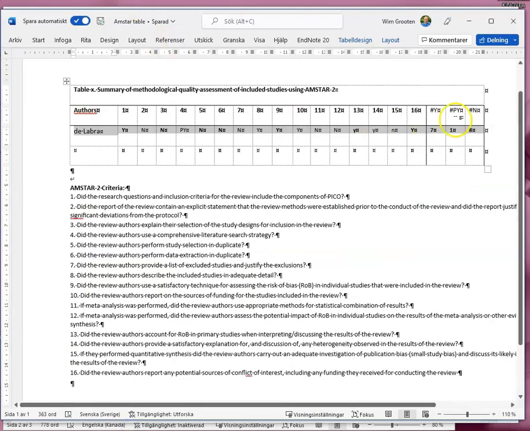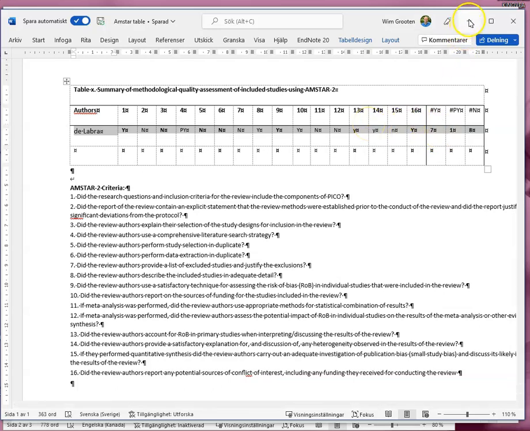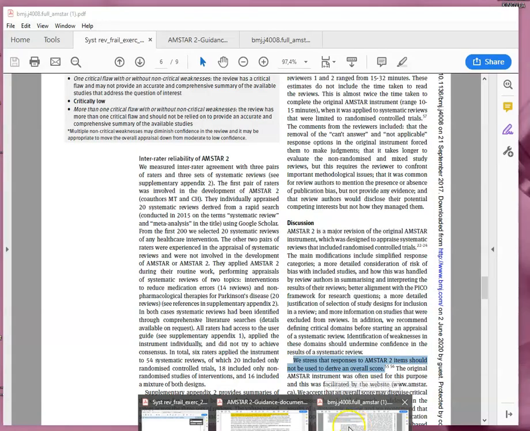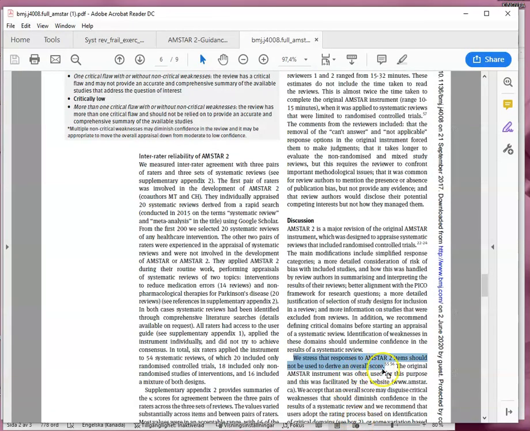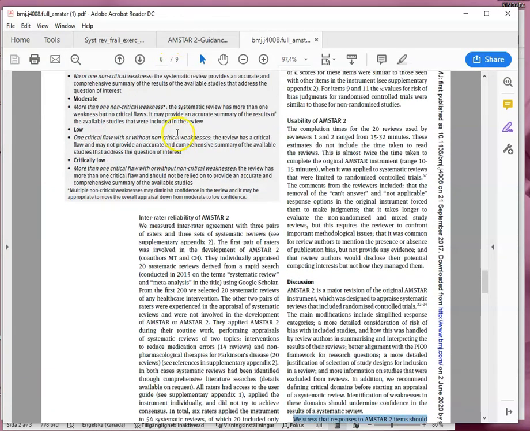But in AMSTAR, they don't want you to say this is 7 points or 7.5 points if you give them half a point for the partial yes. It is just to see how much is yes, how much is no, and this is no meta-analysis, so there were already 3 or 4 of those items that they couldn't have any points. So AMSTAR really highlights that you should not do an overall score, but you should do like this.